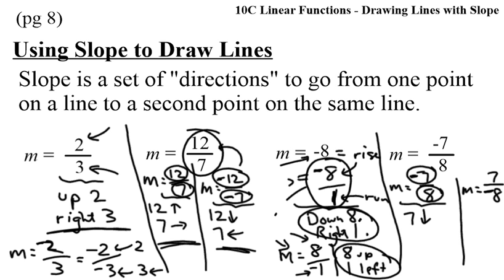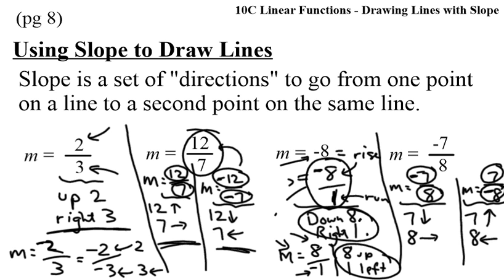Run is positive, so it would be 8 to the right. Those directions will get us to another point. These directions will get us to another point, a different point, but still on the same line. Rise of 7 would be 7 up. Run of negative 8 would be 8 left.